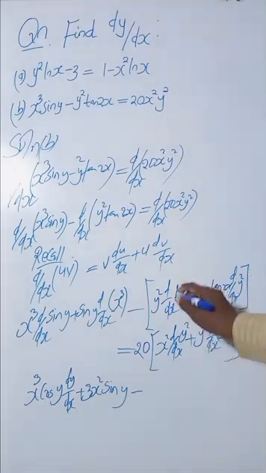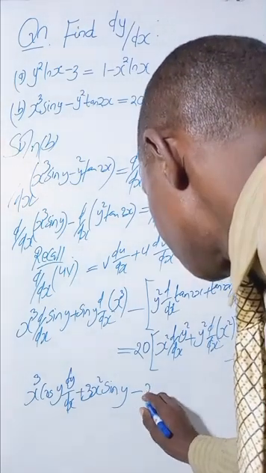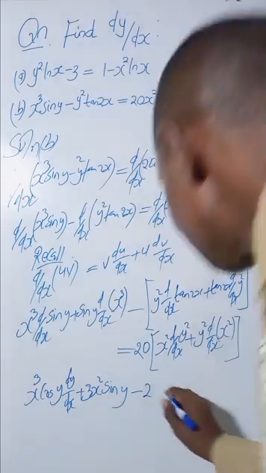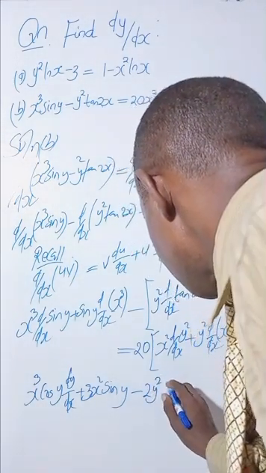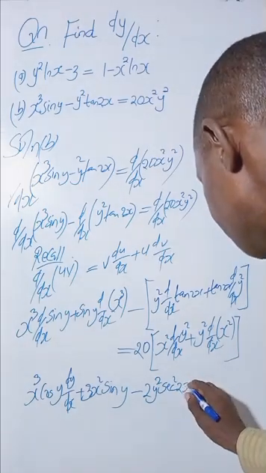minus, differentiating 2x gives us 2, differentiating tan gives us sec squared, then it will be 2x.